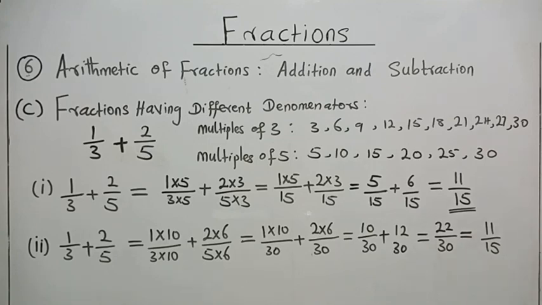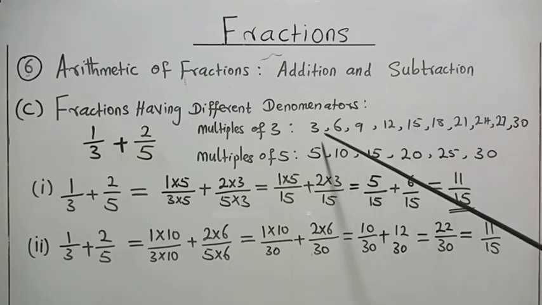Do we have any other CM? That is, do we have any other common multiple? Yes. Watch again. 30 is here and 30 is here. That means that 30 is a second common multiple.